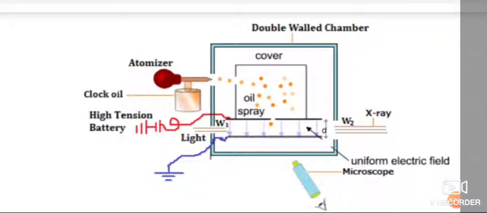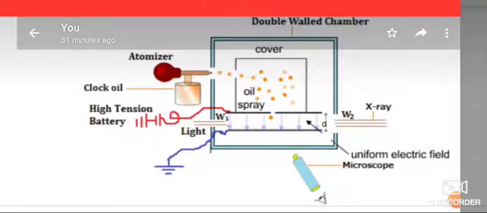When one oil drop enters the space between two plates, the oil drop is observed very carefully, and using its velocity, the mass of the oil drop is determined. Thus the charge of an electron was discovered by R.A. Millikan. Initially the drop falls towards the earth with a constant velocity due to the upthrust provided by air.